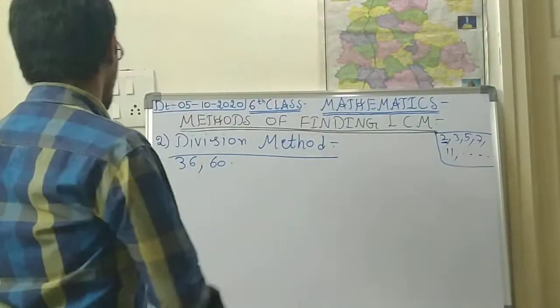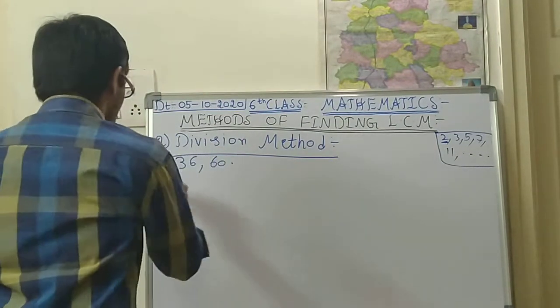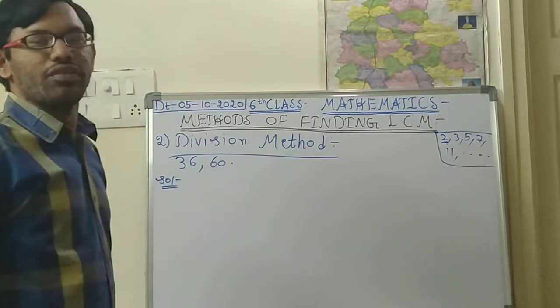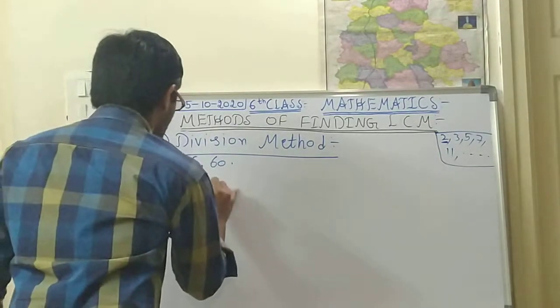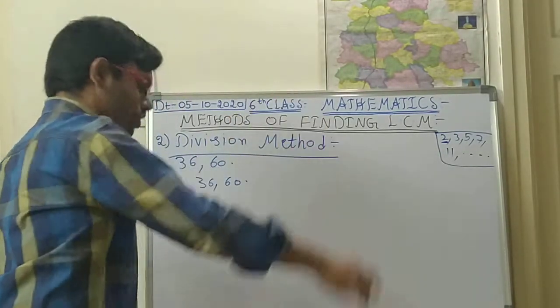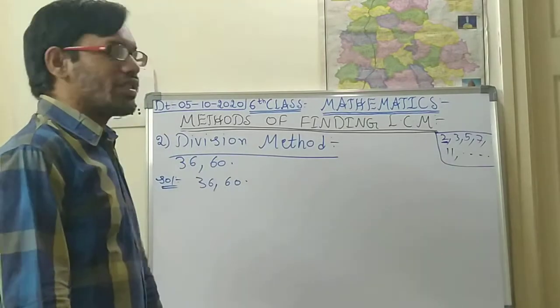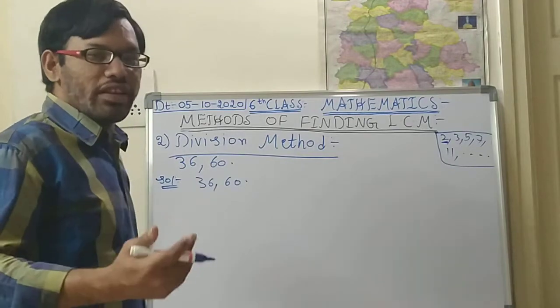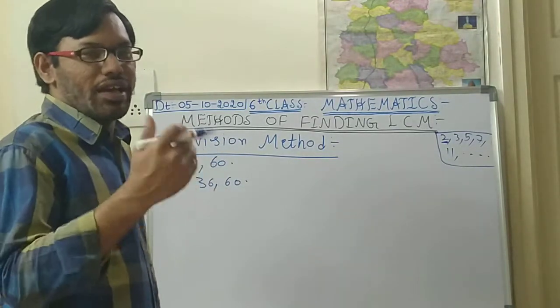See children, for 36 and 60, how should you find the LCM in the division method? First we write 36 and 60 like this. Here, instead of general division, we should use the LCM method.